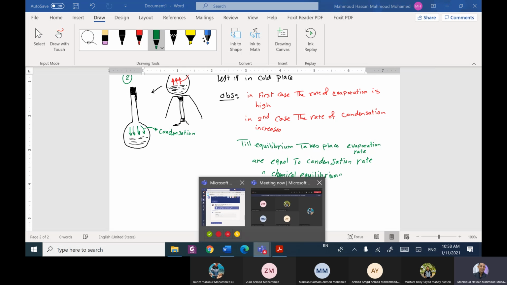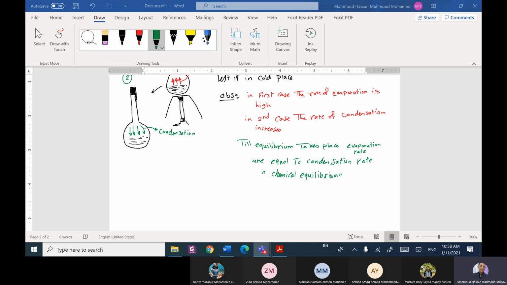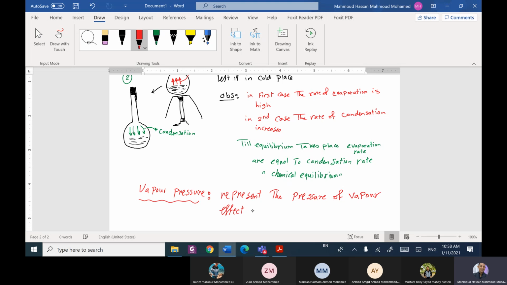What is meant by the vapor pressure? Vapor pressure represents the pressure of vapor affecting the surface of liquid.